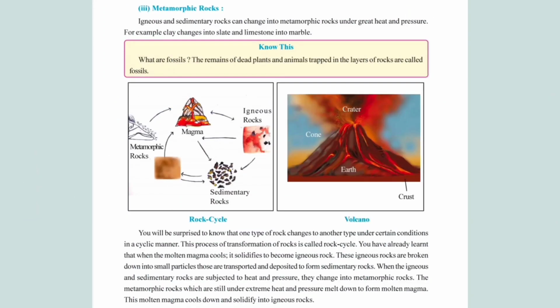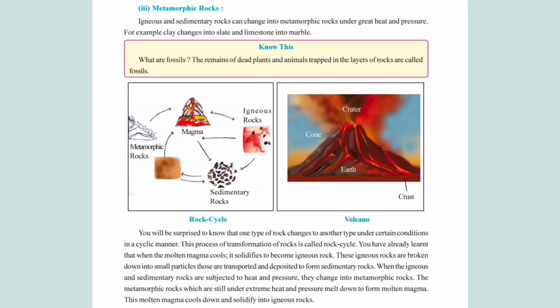Now the next is metamorphic rock. When both igneous rock and sedimentary rock are under high heat and high temperature, compressed for a longer duration, the result is a metamorphic rock. So metamorphic rock is a resultant of either igneous rocks or sedimentary rock when they are laid under high temperature and pressure.